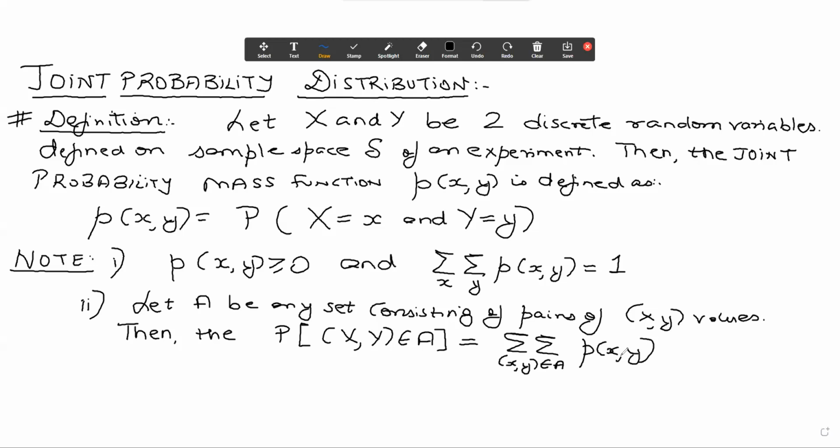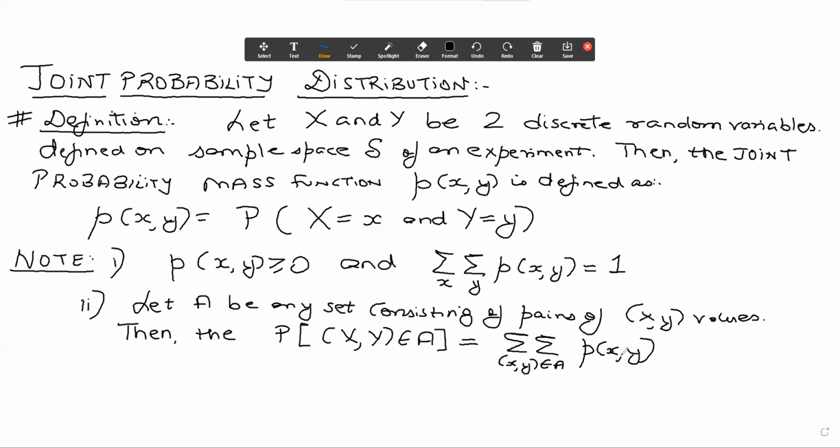Suppose I define A as the set consisting of all the pairs of x comma y. Then the probability that the random variables capital X comma capital Y belong to the set A is the double summation over small xy belonging to capital A of P of xy.